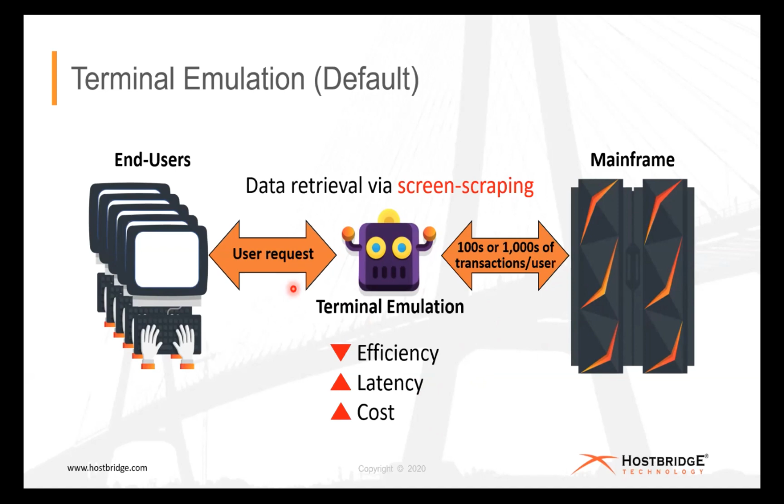Now, let me pivot right now and talk about a different way of doing things. What if there was a way that instead of the bot orchestrating and driving hundreds or tens of thousands of discrete requests to and from the mainframe, it could send one?